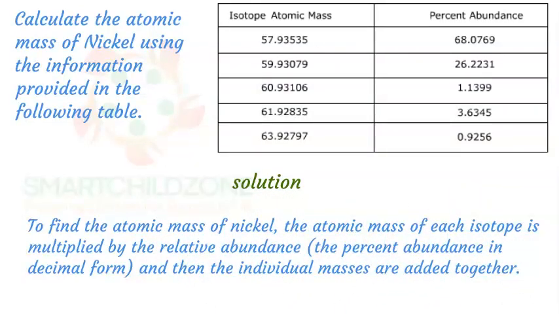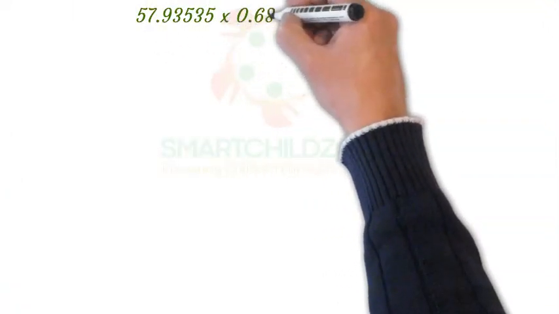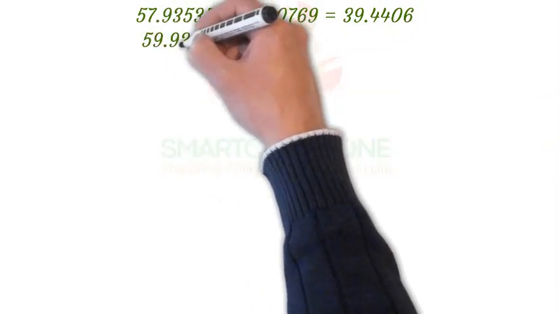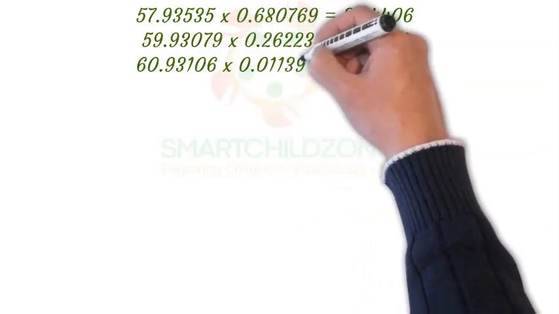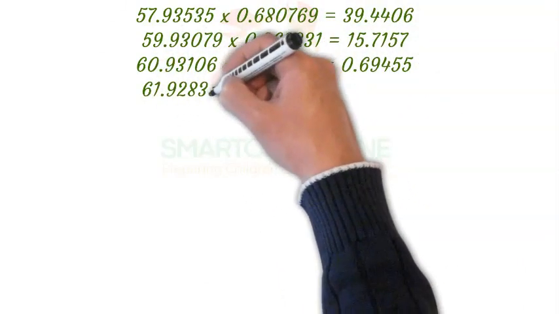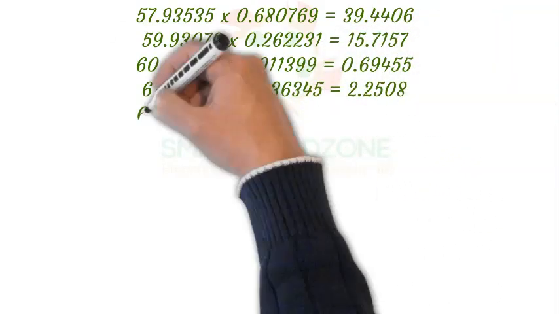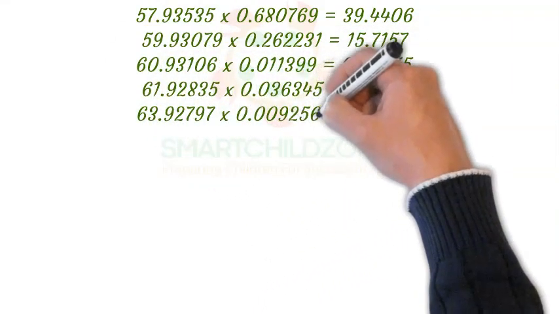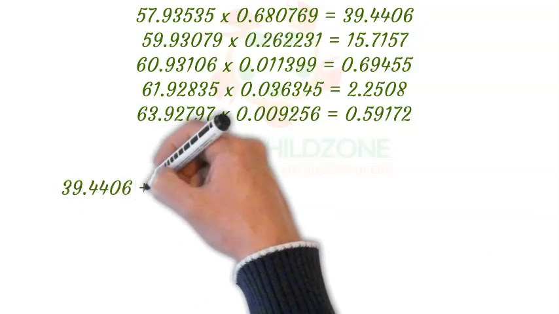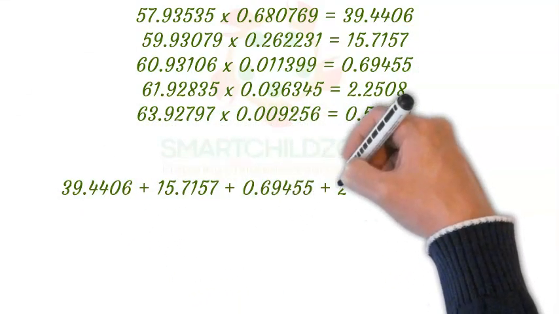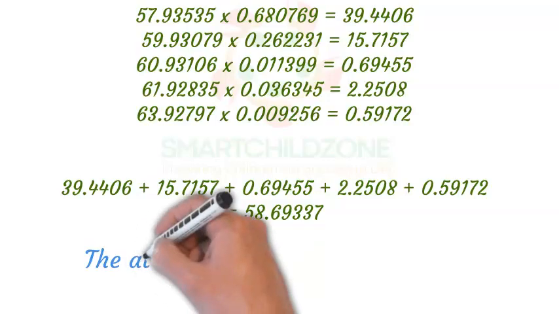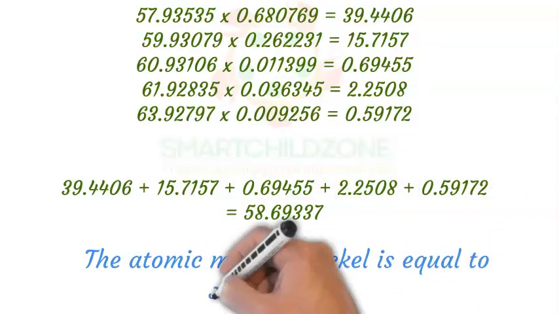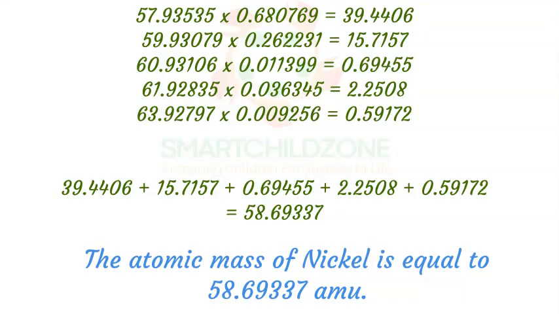And then the individual masses are added together. The atomic mass of nickel is equal to 58.69337 AMU.